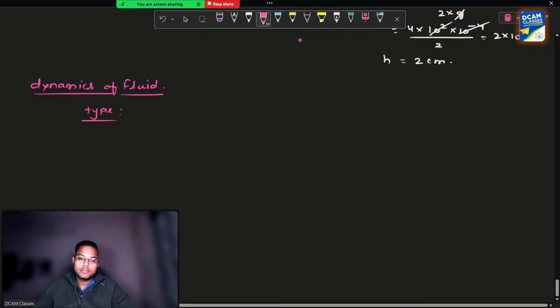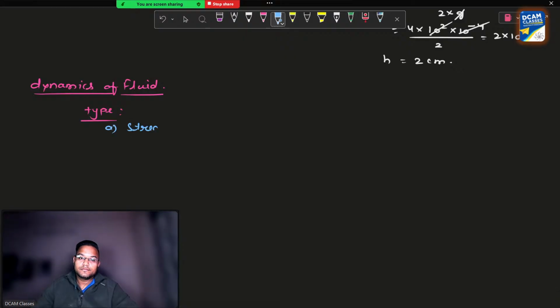One is streamline flow, other is transition flow, third one is turbulent flow.